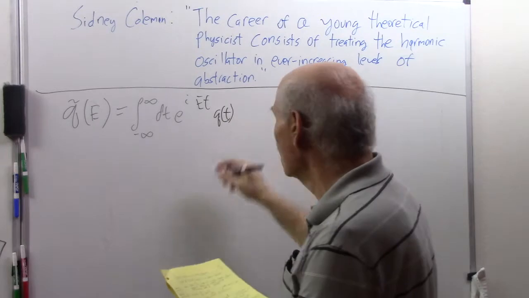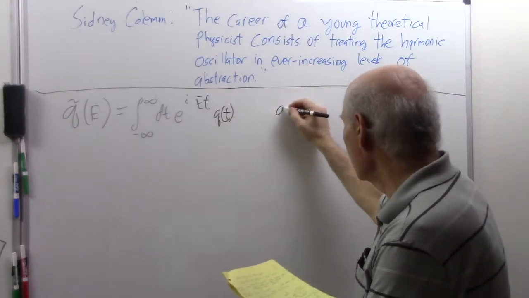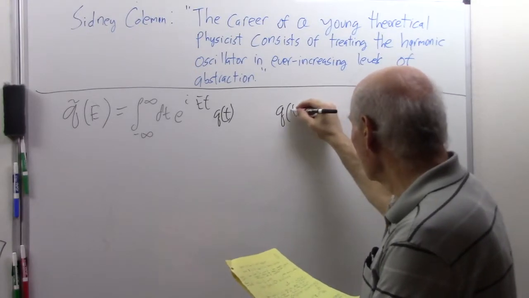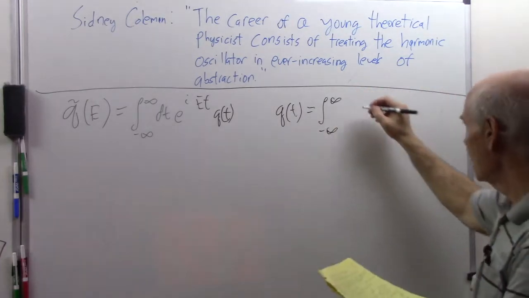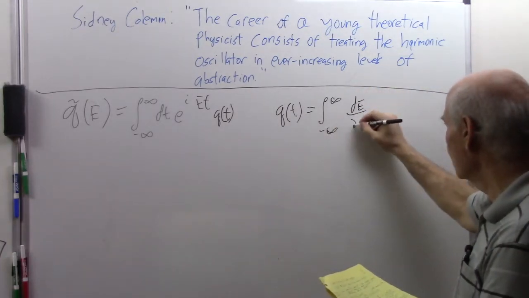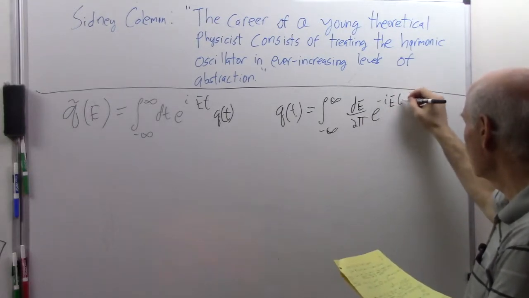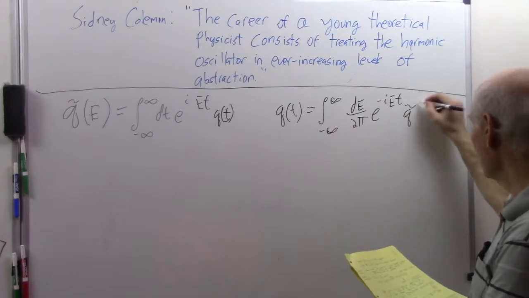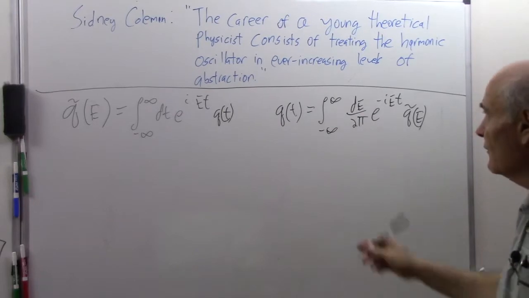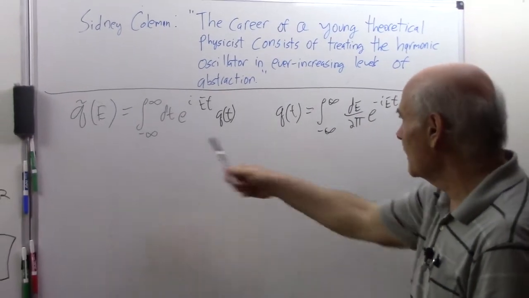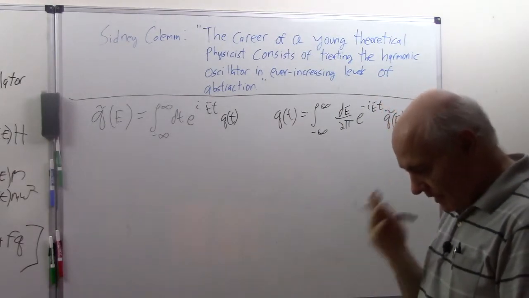So this is the transformed coordinate, and we can likewise invert that. We get the integral from minus infinity to infinity dE over 2 pi e to the minus i E t q tilde of E. And we have the same for f the same way: f of t and f tilde.